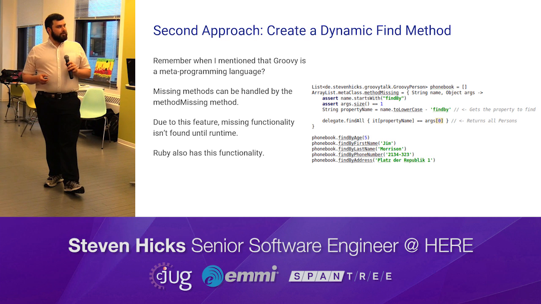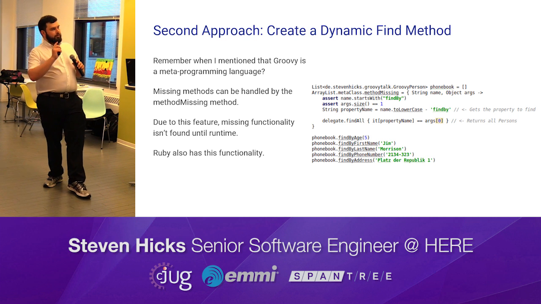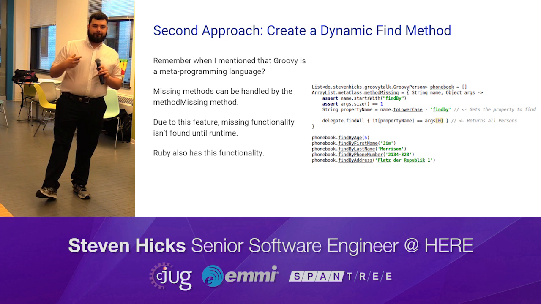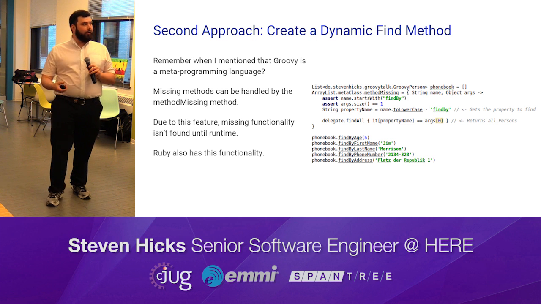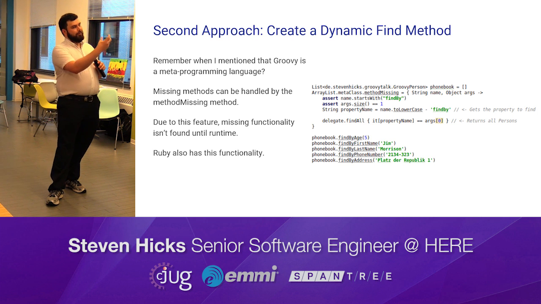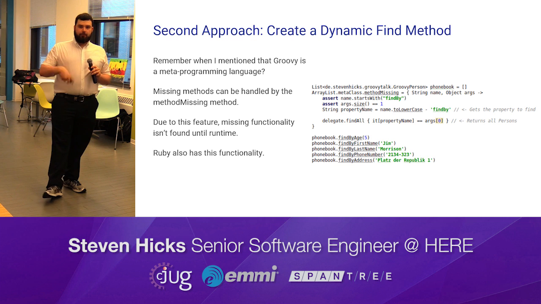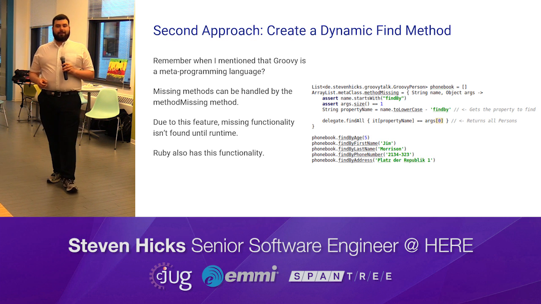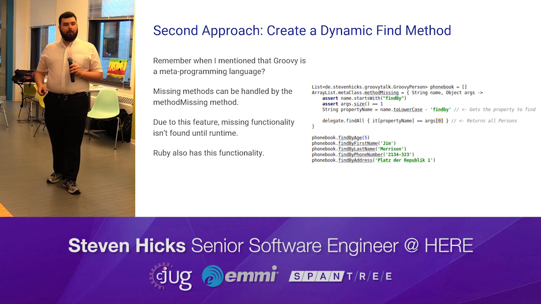Two other things that I didn't mention here. Number one, we're using what's called a delegate, which means we're able to access the functionality under that particular method. That means the method that we define here can access the array list underneath it. Secondly, we took the array list and we added a method at runtime.